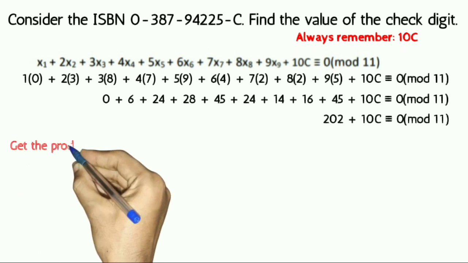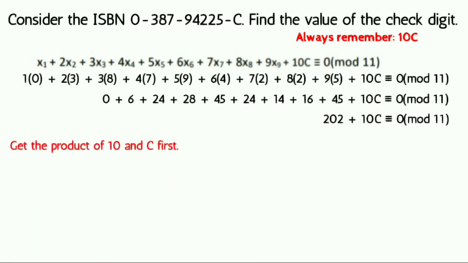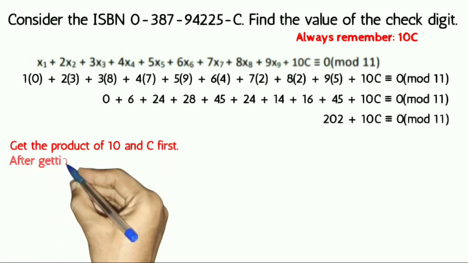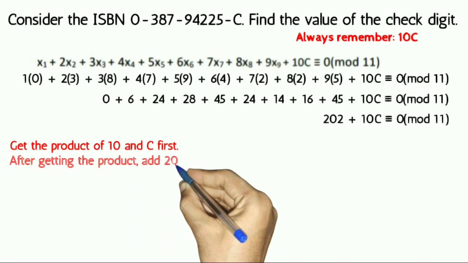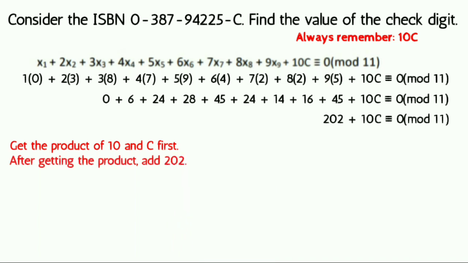Baka ang unahin nyo is 202 plus 10. Mamamali na kayo. Ang uunahin nyo is 10 times c. After nyong makuha yung product ng 10 times c, saka nyo siya idadagdag sa 202. So, hahanap kayo ng value ng c na kung ita-times natin sa 10 and subsequently, magdadagdag tayo ng 202, ang magiging result ay divisible by 11.